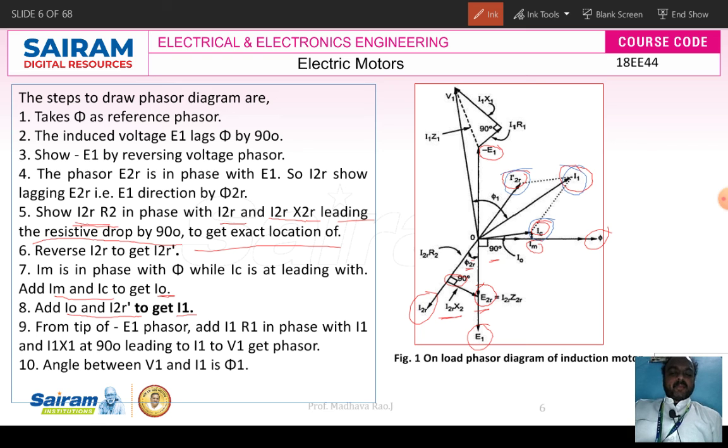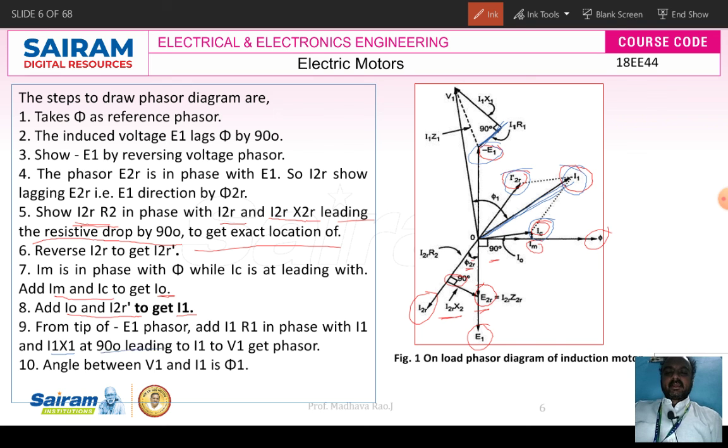From the tip of minus E1, the stator resistance drop I1 into R1 is in phase with I1, so I1 R1 will be parallel to I1. Now the stator reactance drop I1 X1 leads by 90 degrees.